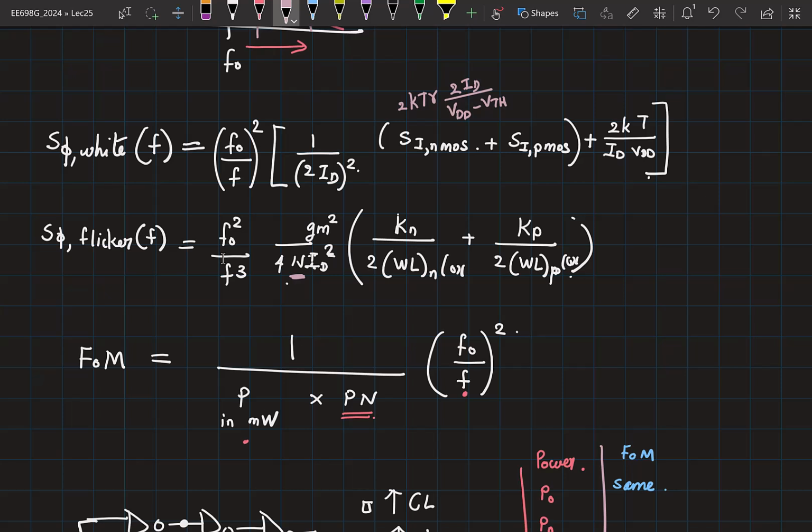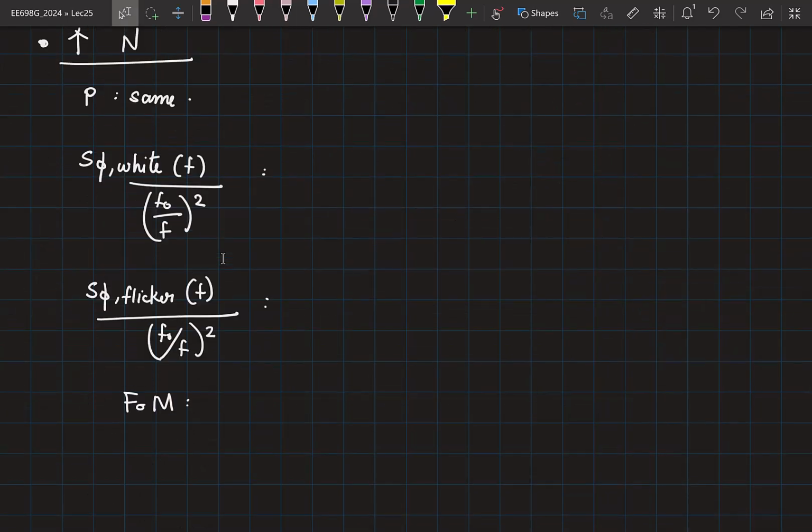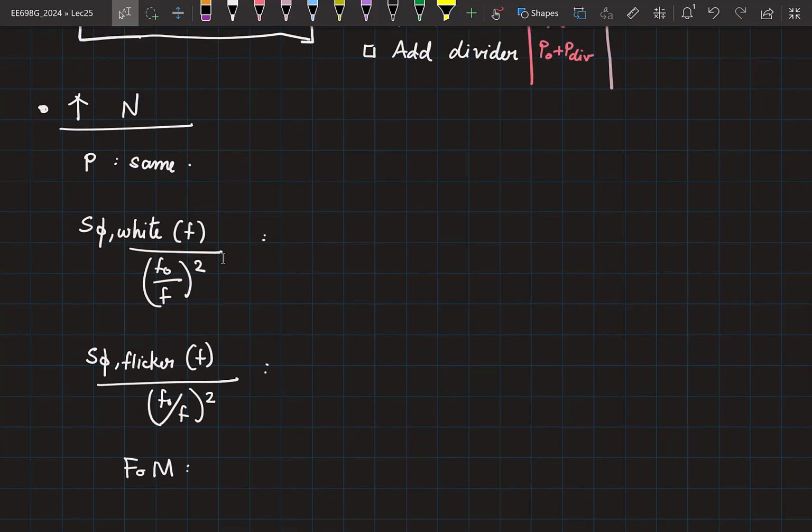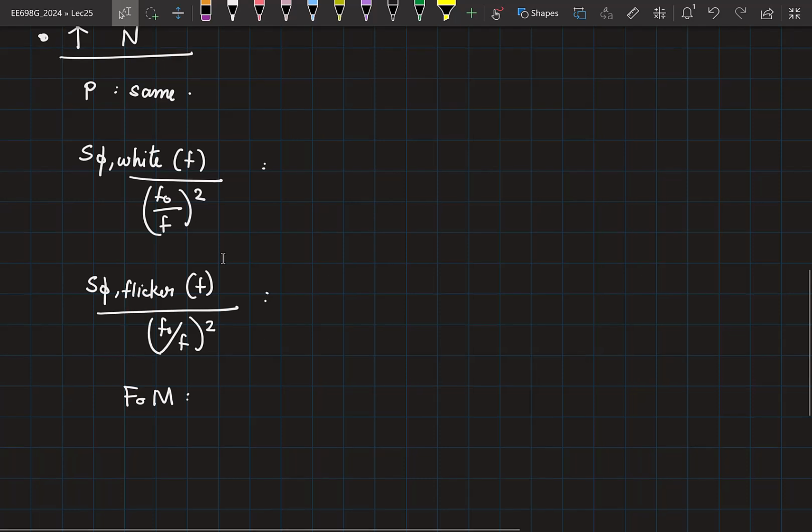So you have N in the denominator; you increase N, you expect S_phi flicker to reduce, which means this factor is now reducing. Therefore, your FOM will improve. So this improves for small f.